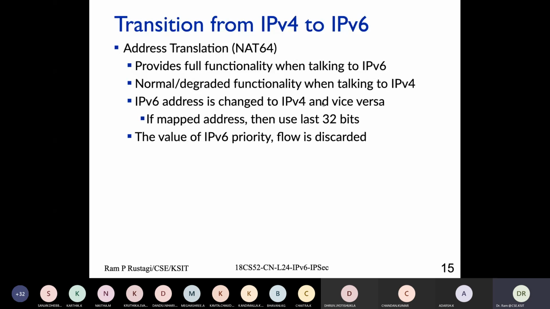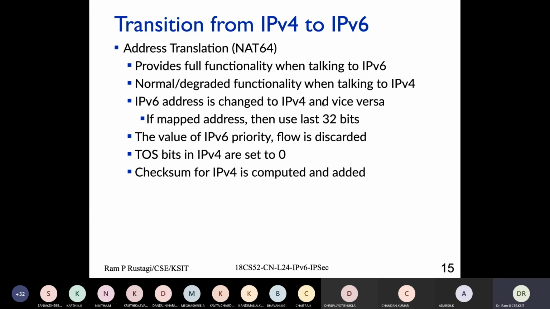Similarly, there is no checksum in IPv6, so even though IPv4 would give me a checksum, it is meaningless because in IPv6 there is no checksum field. So some fields can be used, but not all of them. IPv4 has type of service bits, which are called DTRC bits: delay, throughput, reliability, and cost, which have been kind of mapped into what is called priority, but not exactly.